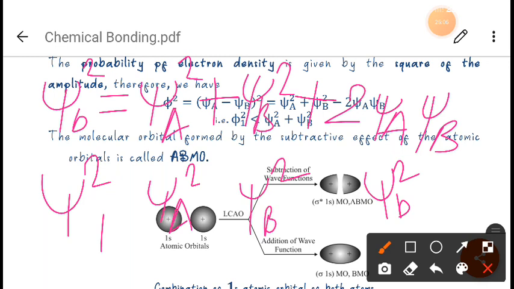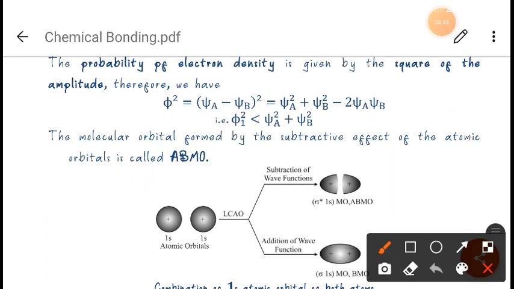as we have shown previously in the diagram, the charge density between the two atoms bonded in a molecule is psi b square, as shown here. It can be shown like this.